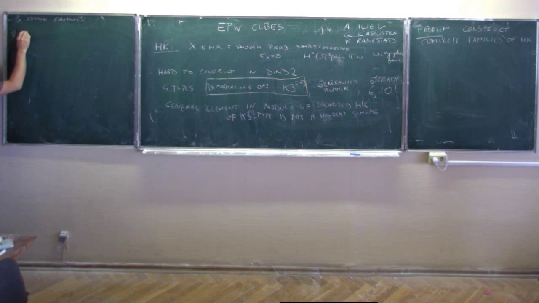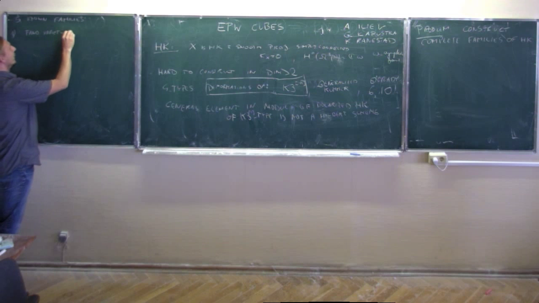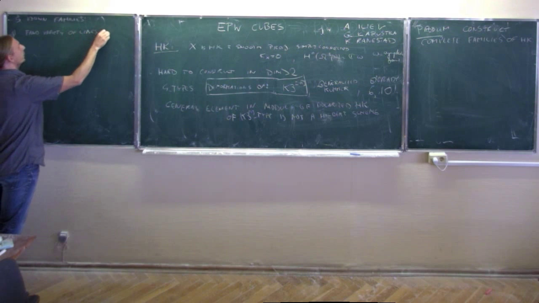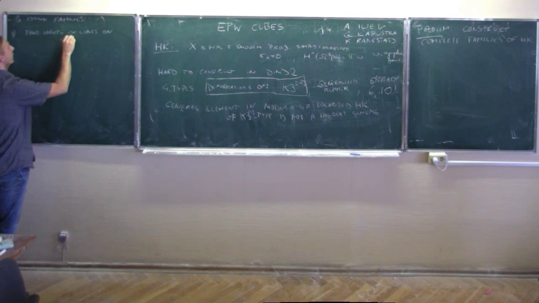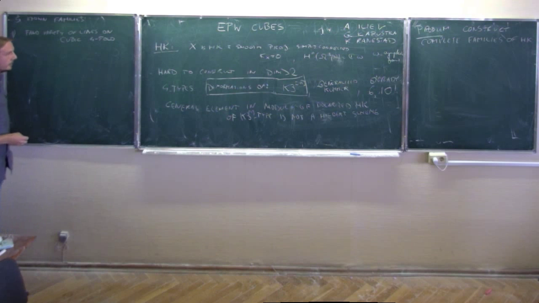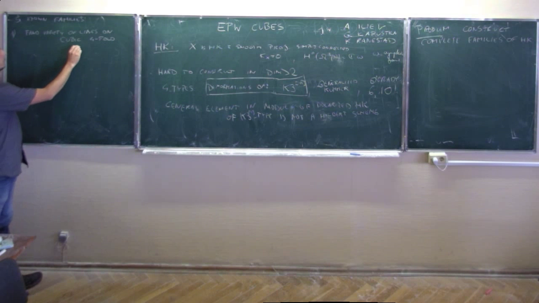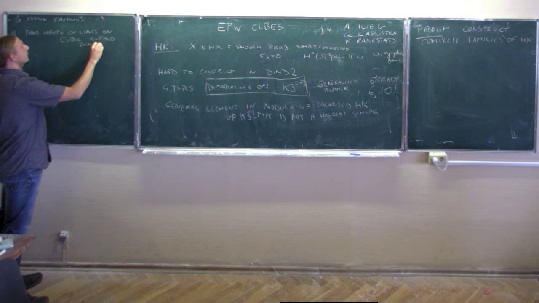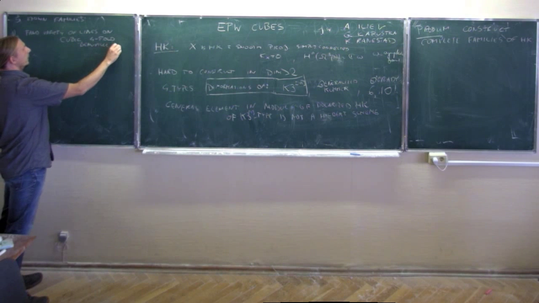The first one is the Fano variety of lines on a cubic fourfold. It's not a Fano variety, but the Fano variety of lines. This is due to Beauville and Donagi. It's a very old example, very classical.